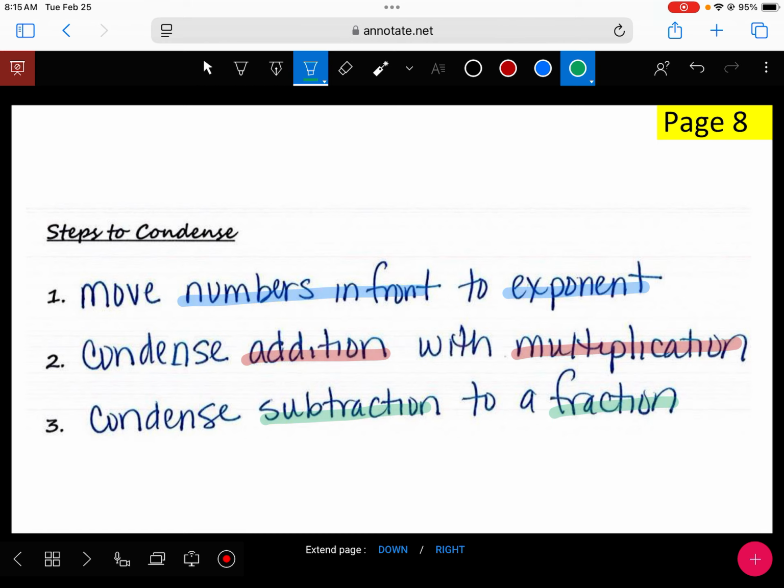And those are our 3 steps that we're going to practice today. We're going to condense.